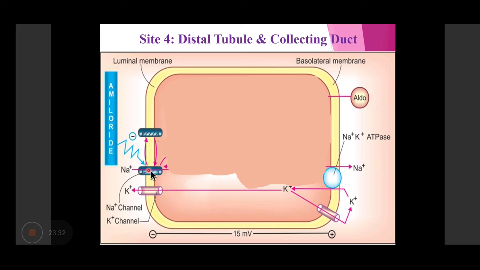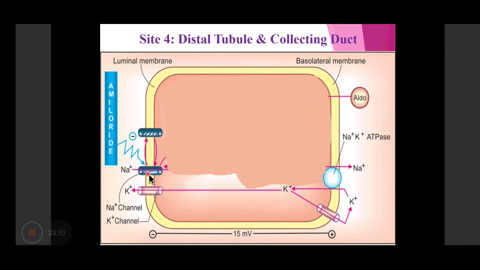For now, what I want to tell you is that on the luminal aspect, there is a sodium channel known as the amiloride sensitive sodium channel. Amiloride is a diuretic, and since this sodium channel responds to the blockade by amiloride, it is known as the amiloride sensitive sodium channel.